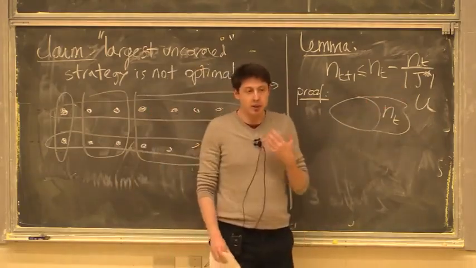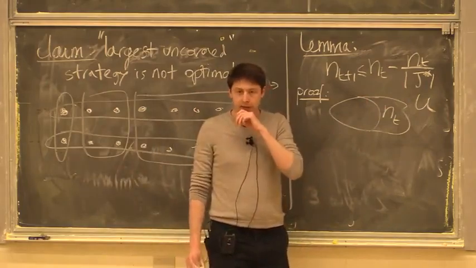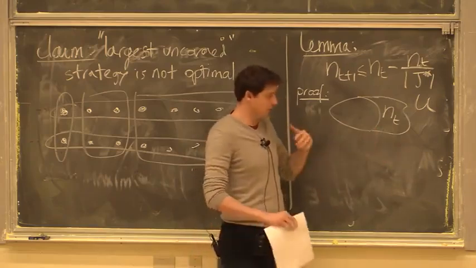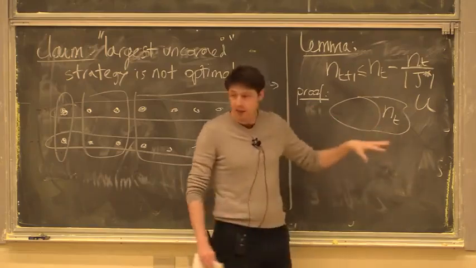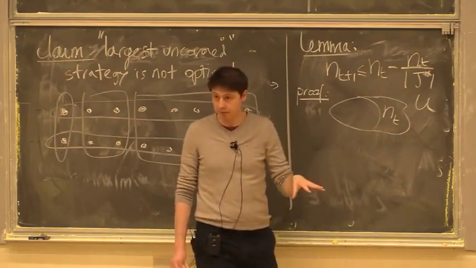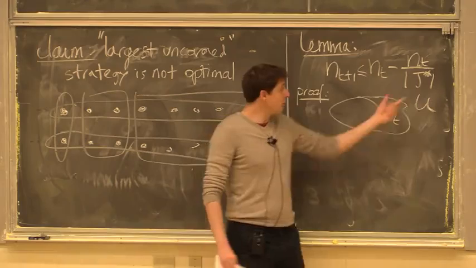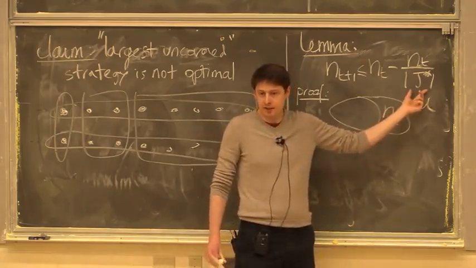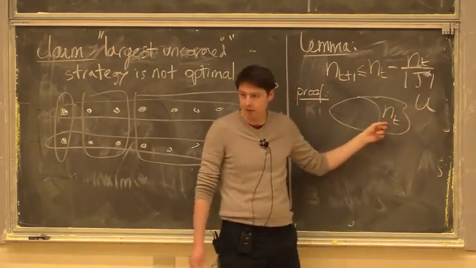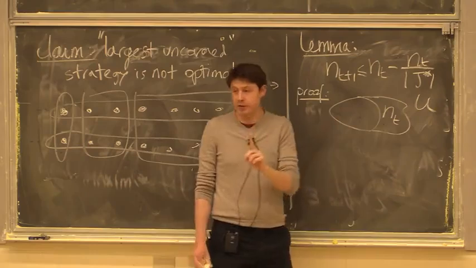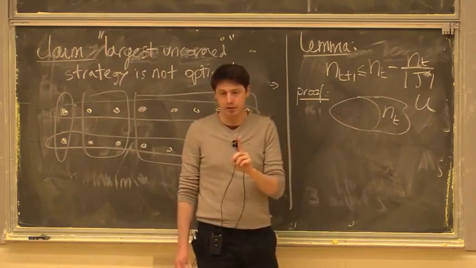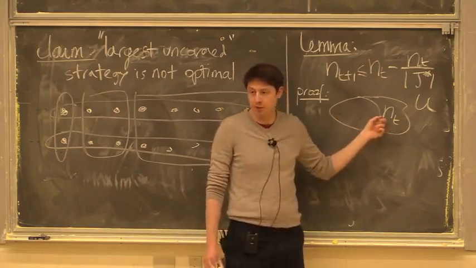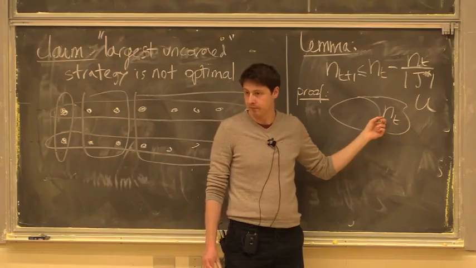In J star, all of these are covered, all of them. But J star is not very many sets. So if you have J star many sets to cover n_t of them, at least one of those sets should be large enough to cover a 1 over J star fraction of these.